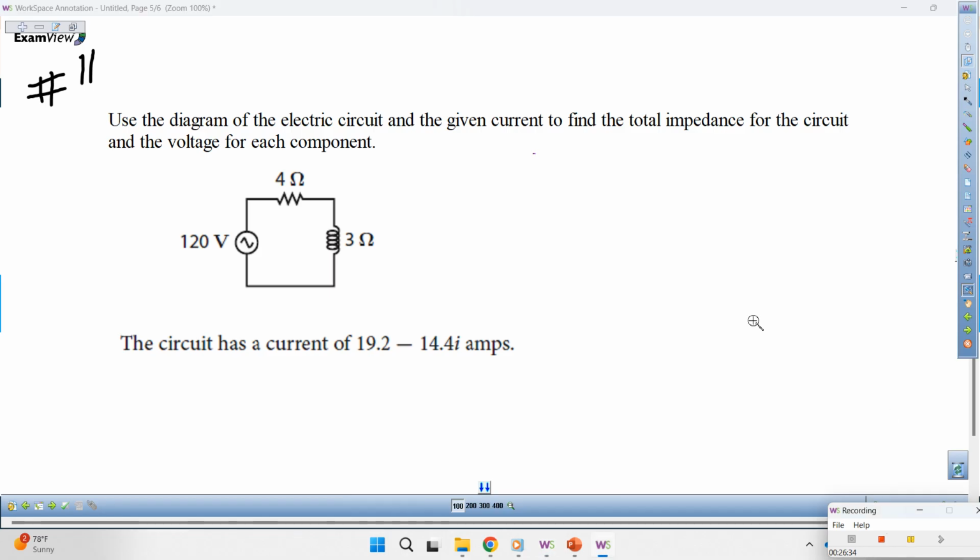All right, number 11 says, use the diagram of the electric circuit and the given current to find the total impedance for the circuit and the voltage for each component. So when you get to this one, make sure you write your formula. V equals I times Z.